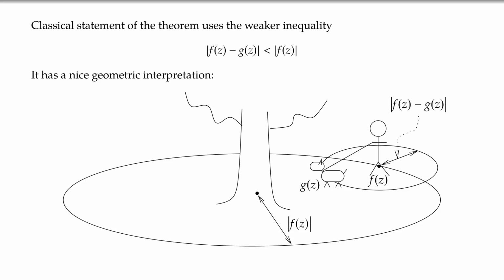And so if f has 3 zeros, so does g. So this is a nice geometric interpretation of what this inequality is, if we're thinking of these ideas in this argument principle sort of way.